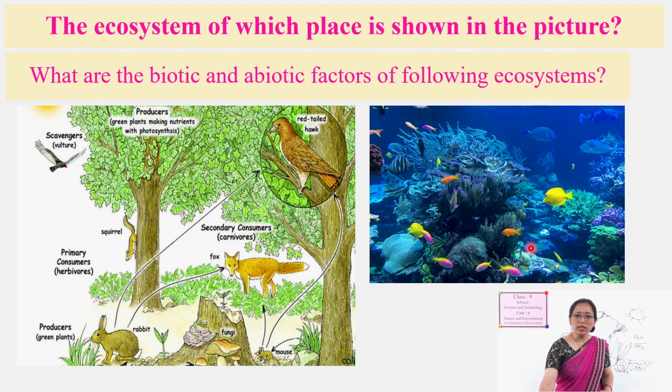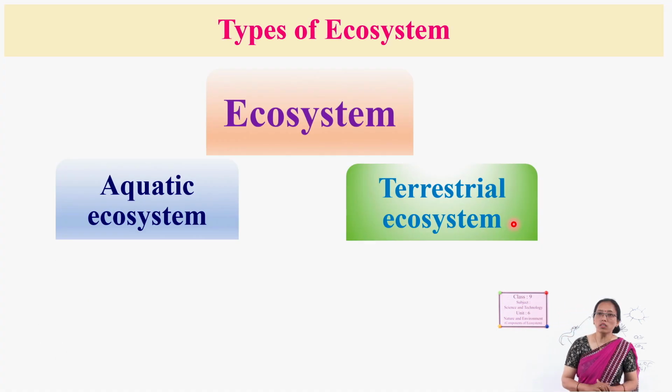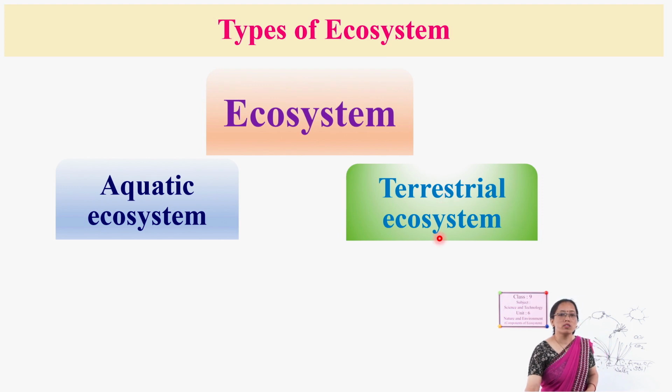And in this one we can see small fishes, aquatic plants, and other aquatic organisms. So this is land and this is water. Based on the presence of organisms in a particular environment, we divide the ecosystem into two types, that is aquatic ecosystem and terrestrial ecosystem. What is aquatic ecosystem?